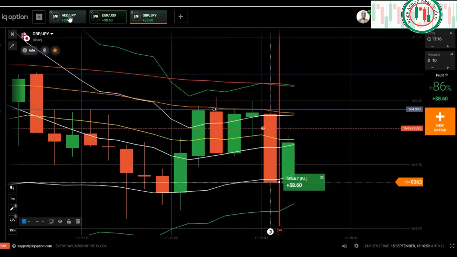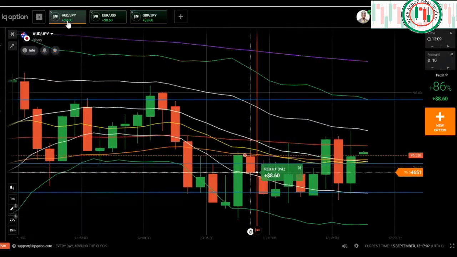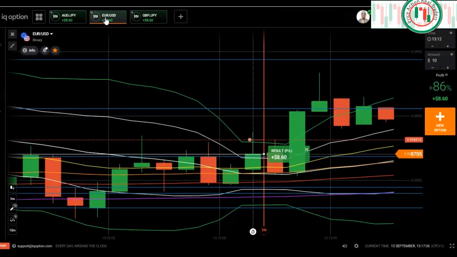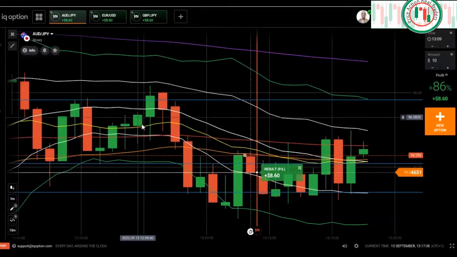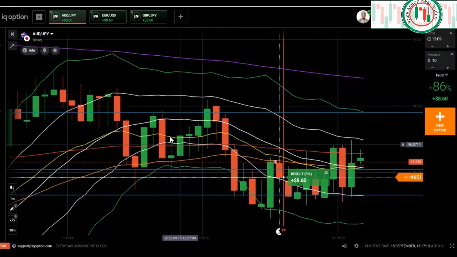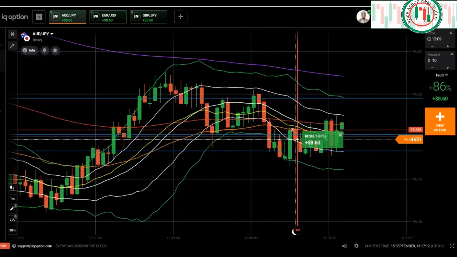So see the first trade here. Yes, this is the first trade. Why I took this trade here: anytime you want to trade, if you open your chart, what are you going to look at?